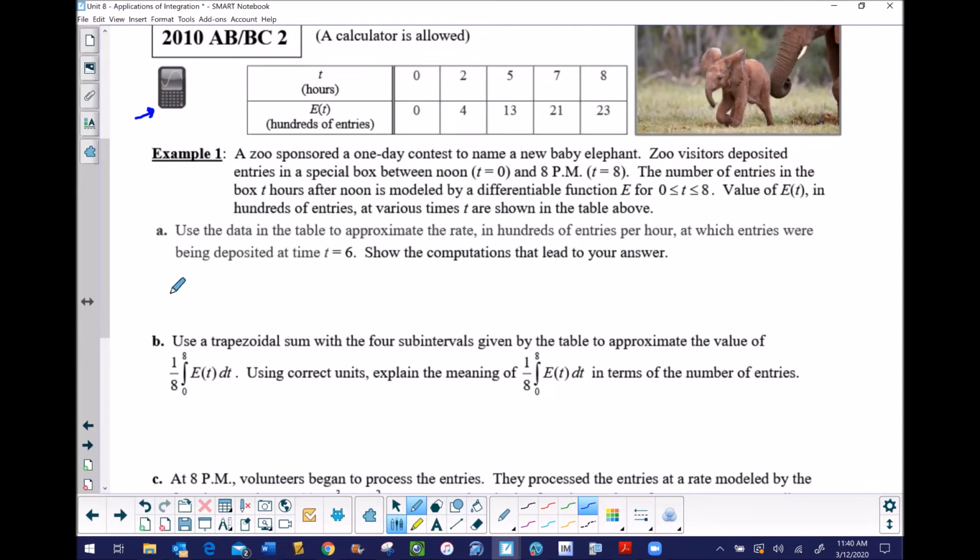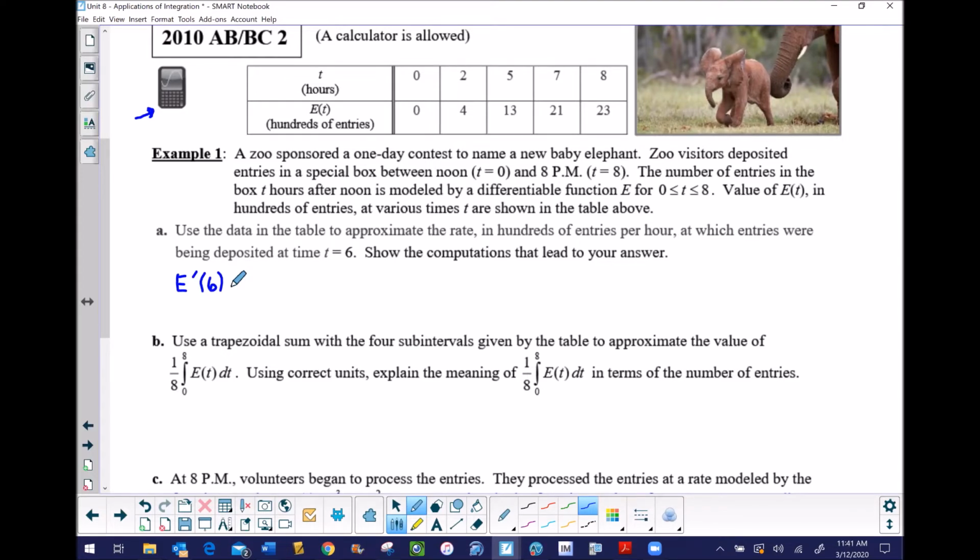In fact, one of the very first questions that we did with you at the very beginning of the year, way back in July, was this very thing, taking the derivative of a table. So if we're approximating the rate at which entries are deposited, then notationally, that's the derivative of E, right? And we want to do so exactly at time 6. So now the question is, well, how do you take the derivative of a table?